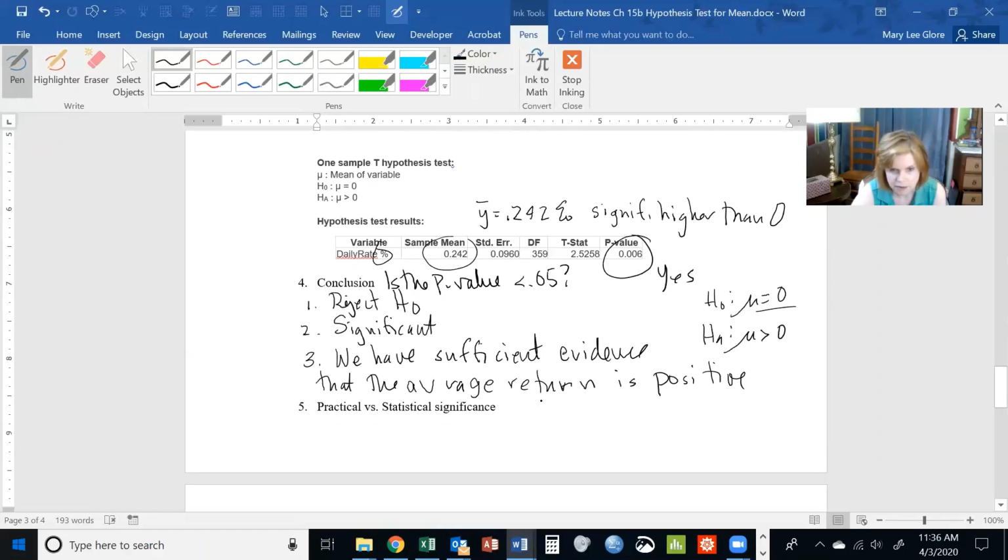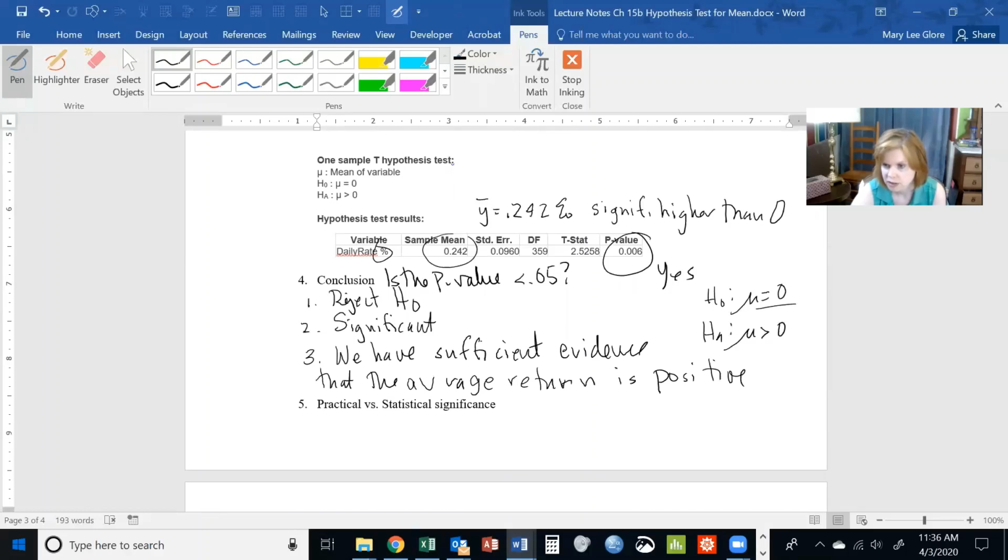So this is where we get to practical significance versus statistical significance.